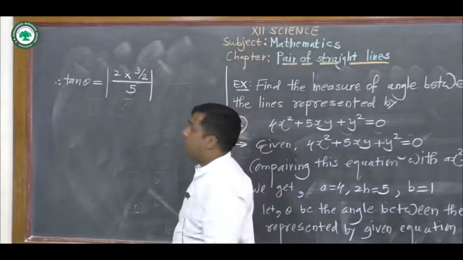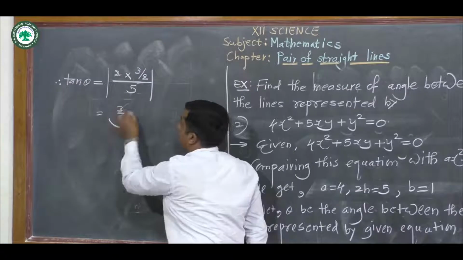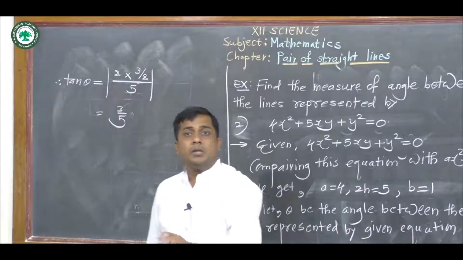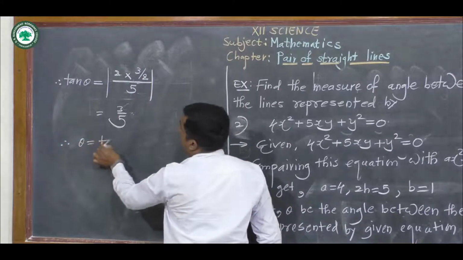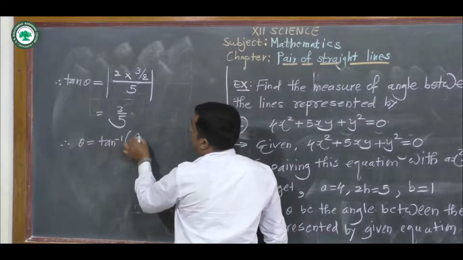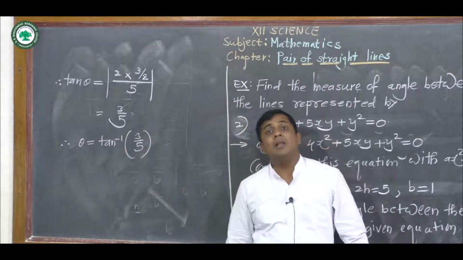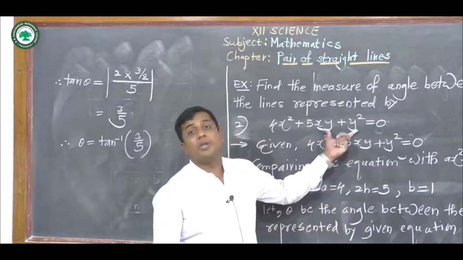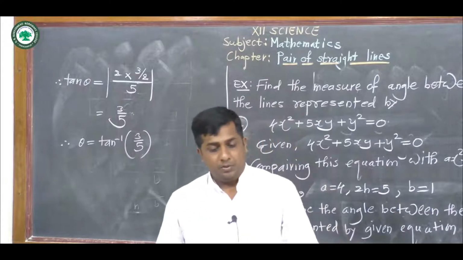Now 2 and 2 cancelled and only 3 by 5 remains. Tan theta is equal to 3 by 5 means theta is equal to tan inverse of 3 by 5, and this is the angle between the two lines represented by this equation. So very simple example it is.